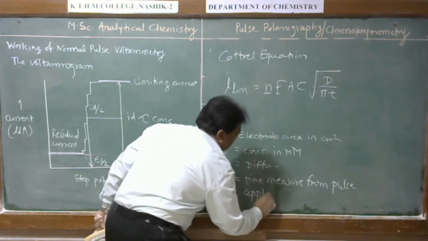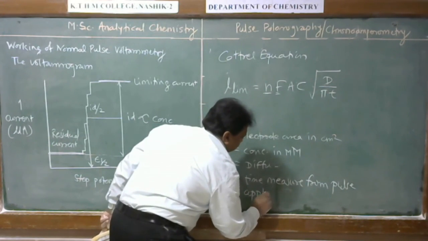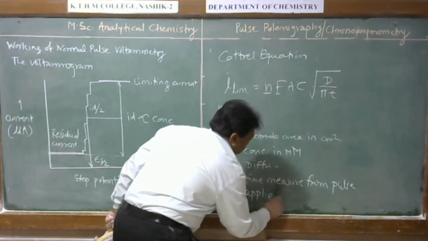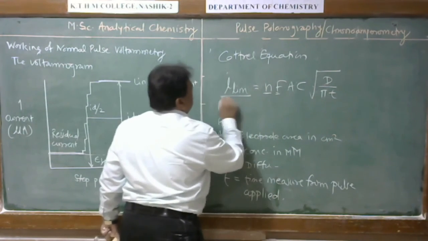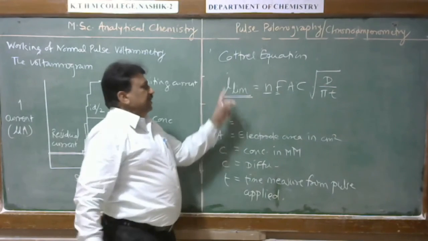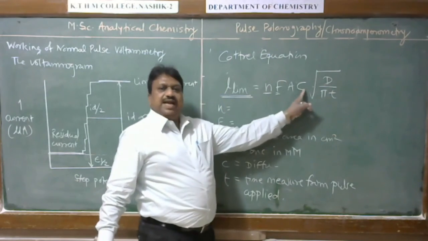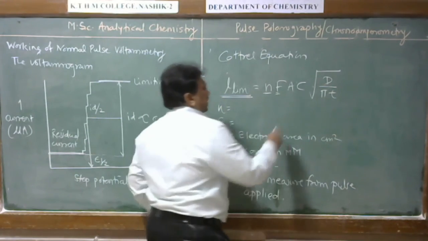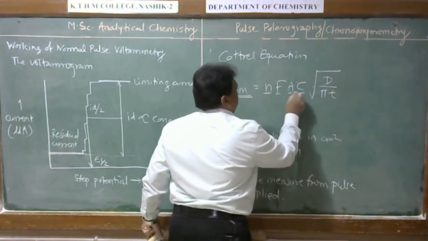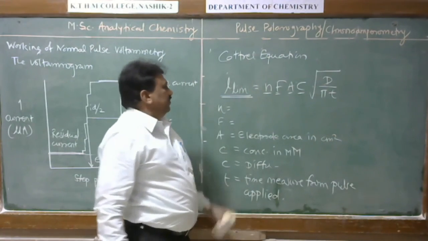And this quadratic equation is used for calculation of limiting current, or when limiting current is known, then C can be determined. That is, concentration can be determined when electrode area is known.